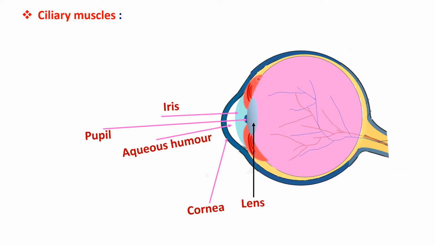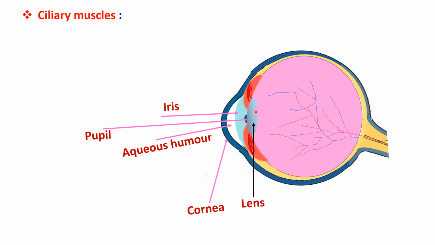Okay, so the ciliary muscles affect the focal length of the lens. In viewing the nearby objects, the ciliary muscles will become tense automatically. That means they will contract, causing the eye lens to become thicker.